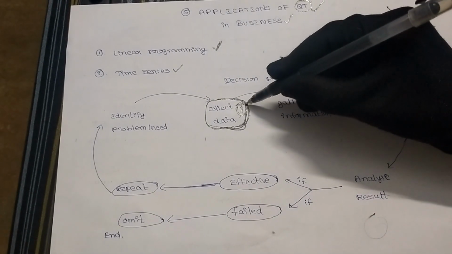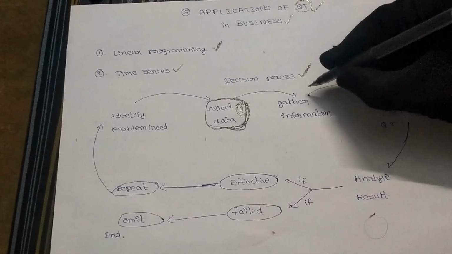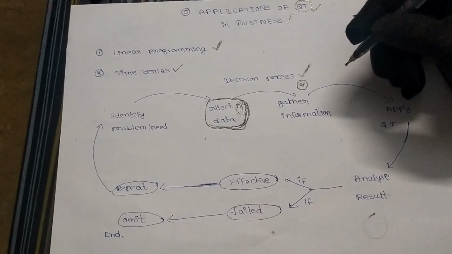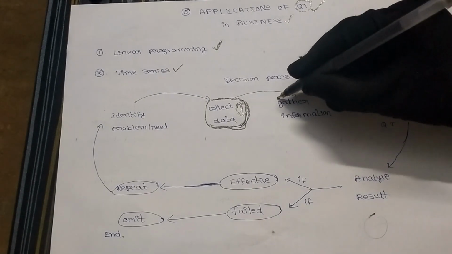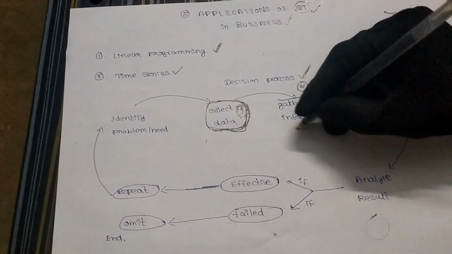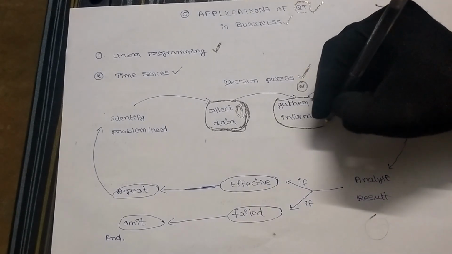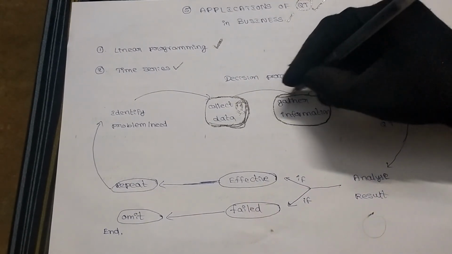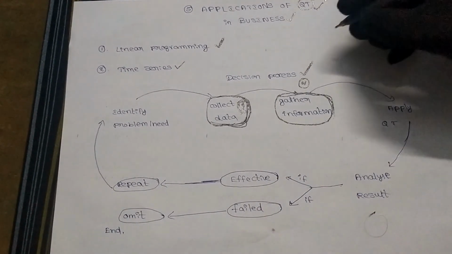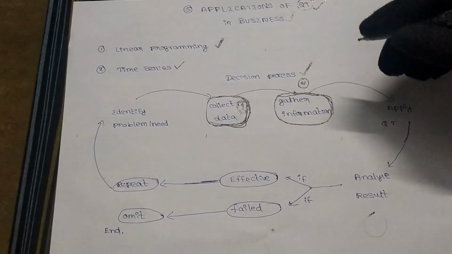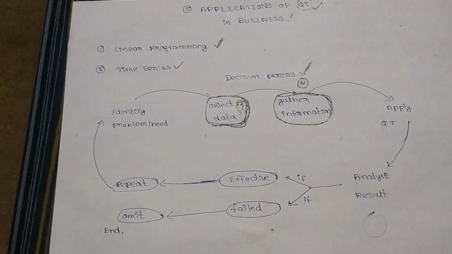After the collection of the data, the second step is gathering information. There is a lot of difference between the data and the gathering of information. Information is separate and data is separate. Data means all the stuff whichever you collect, but information is the most important part of data.